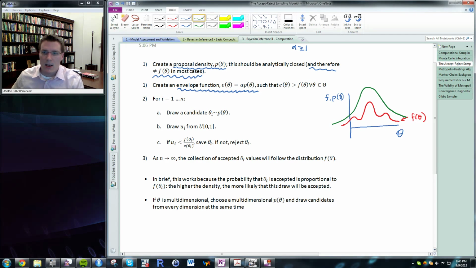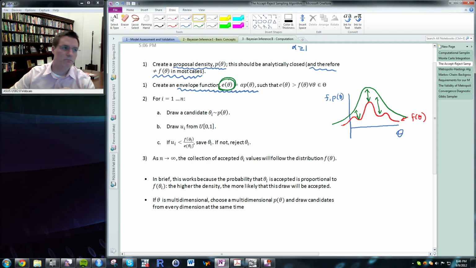The key here is that the proposal density has to have a greater density value at every point theta than the target. Now, it's very uncommon for the raw proposal density to have this property, which is why we create an envelope function, where we just multiply the proposal density by some constant to raise p of theta above f of theta for all points theta.